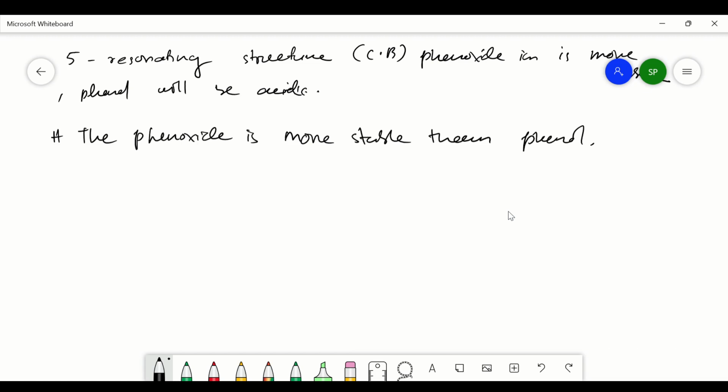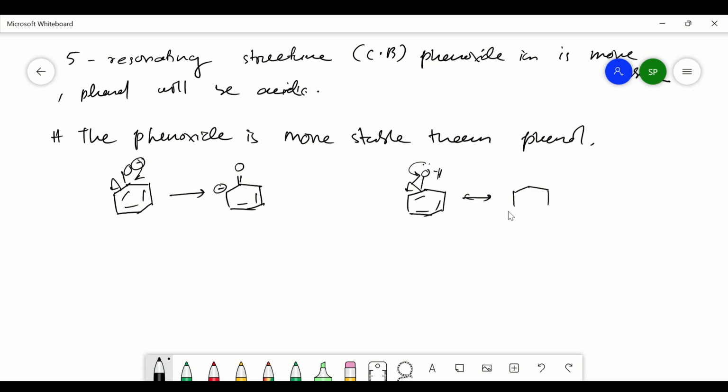The reason is, if you see the resonating structure of phenoxide ion, there is formation of a carbon-oxygen double bond and one negative charge appearing on the aromatic ring. But if you see the resonating structure of phenol, there is generation of one positive charge and one negative charge.